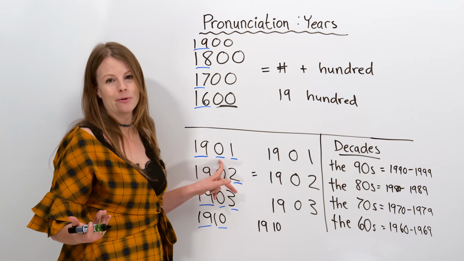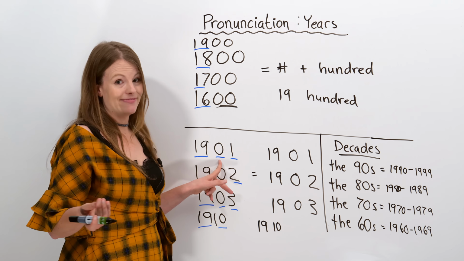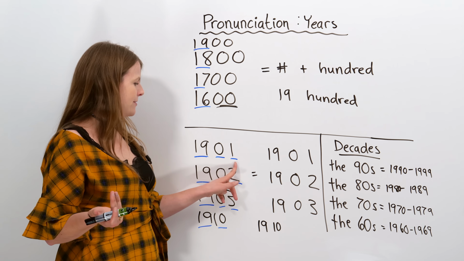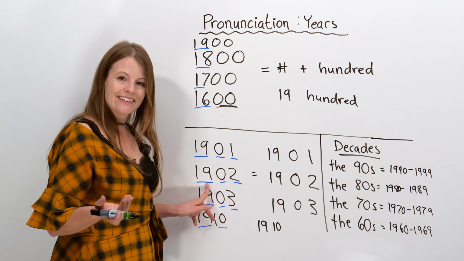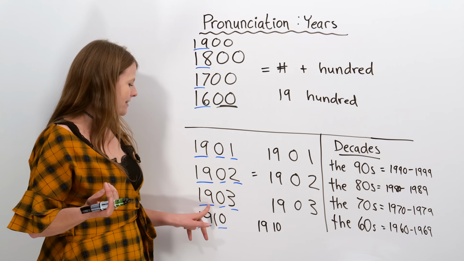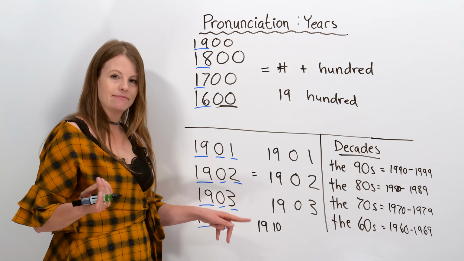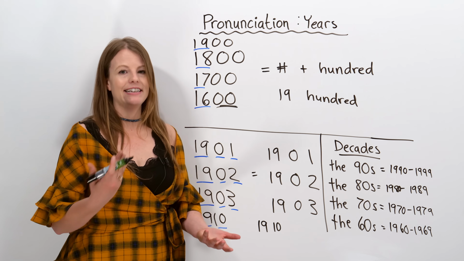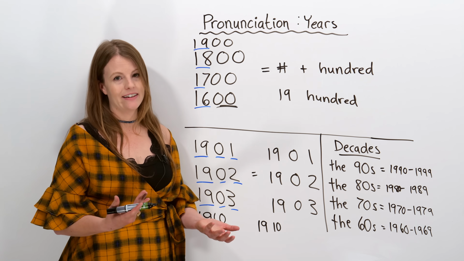It's not the letter O, but we actually pronounce this like an O, like the letter O. 1901. Can you guess what this one is? 1902. 1903. And it continues. We have 1904, 1905, 1906.